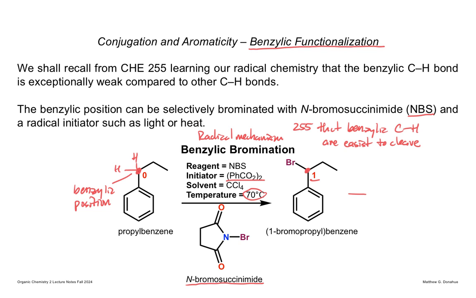You can go off into substituting it, SN2, SN1, eliminating it, E2, E1. So you can substitute for other functional groups, or you can eliminate it to make alkenes, and then you can start creating these paths and sequencing reactions together.